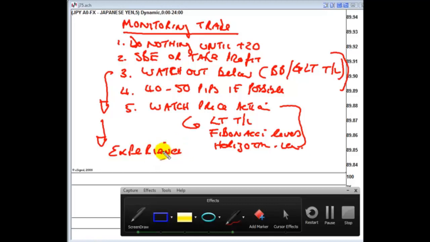And as much as I'd love to teach you a purely mechanical method of trading, I don't believe that any of them really work, and there's always some reliance on experience.